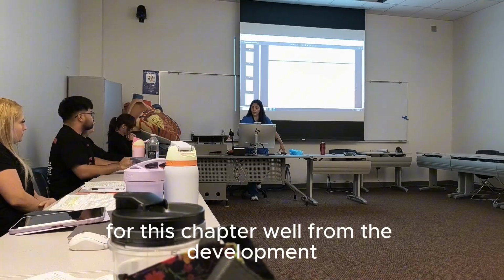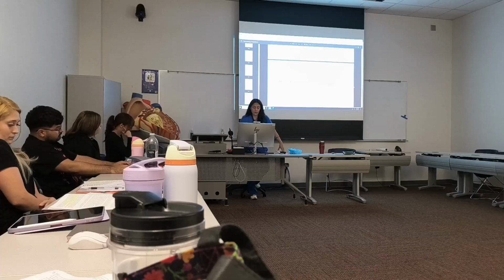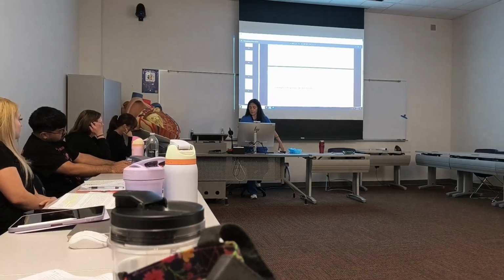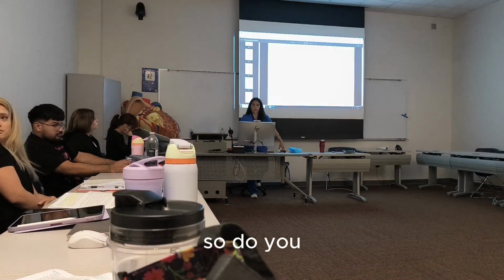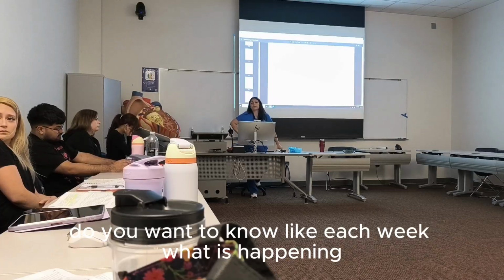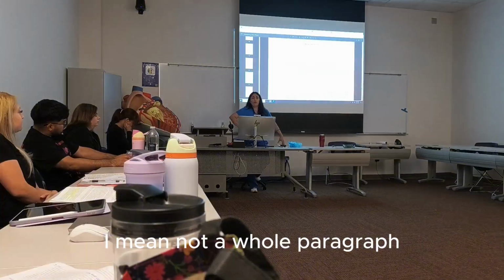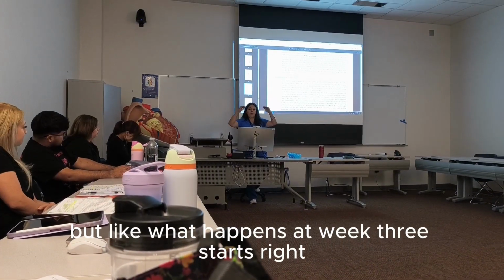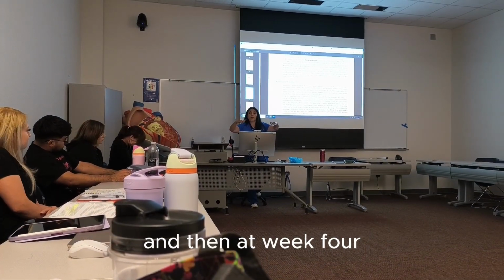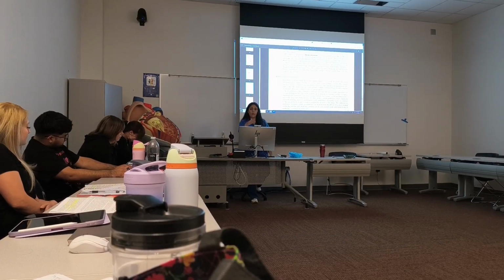Well, from the development, do you want us to know what is happening each week? Roughly. Not a whole paragraph, but what happens at week 3, then week 4, 5, 6. Just the major landmarks.